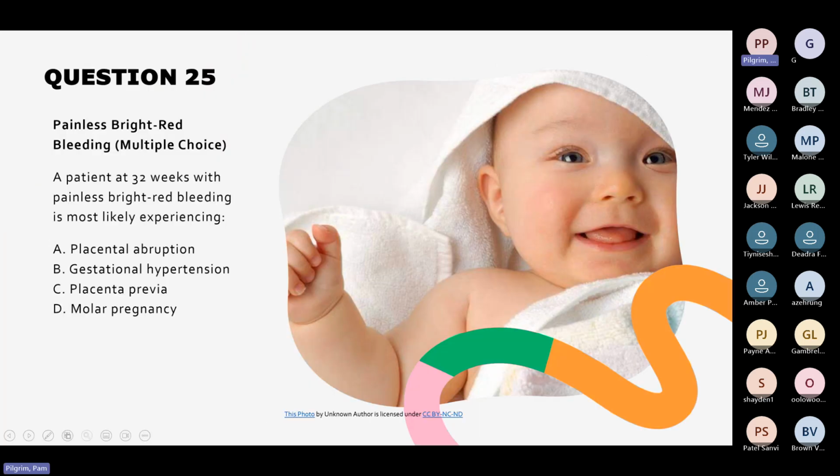Question 25. Painless bright red bleeding. A patient at 32 weeks with painless bright red bleeding is most likely experiencing what?